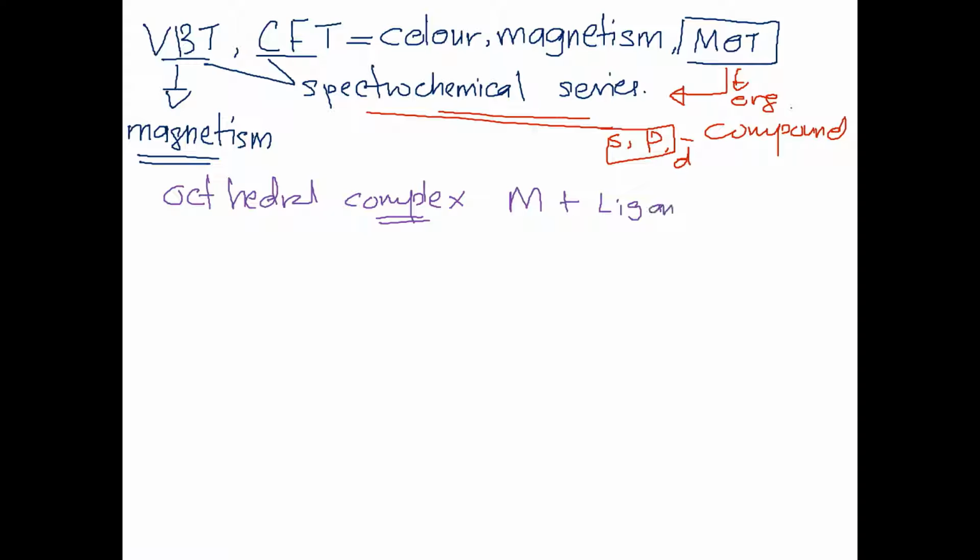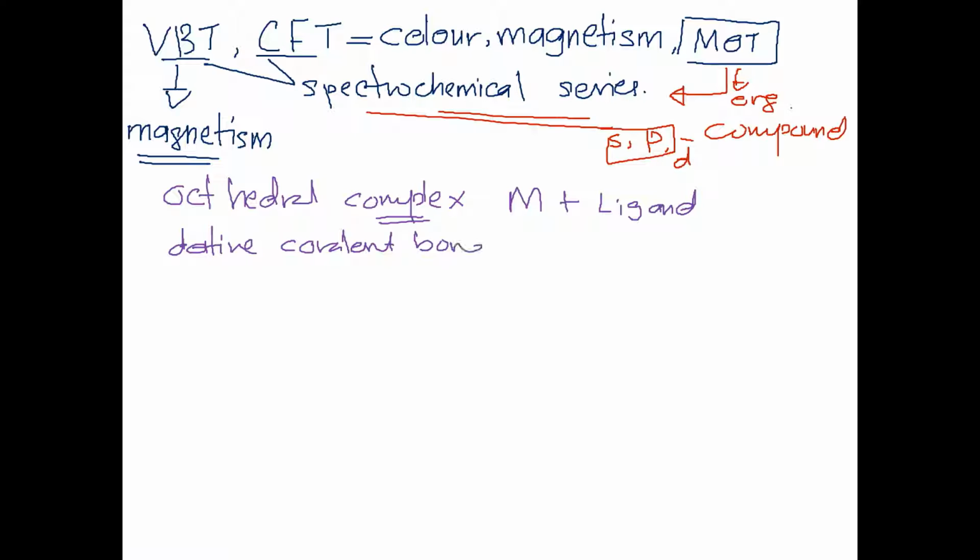How it comes together, or how it becomes a complex, is that they form a dative covalent bond. Remember, you have learned this during your inorganic classes before.